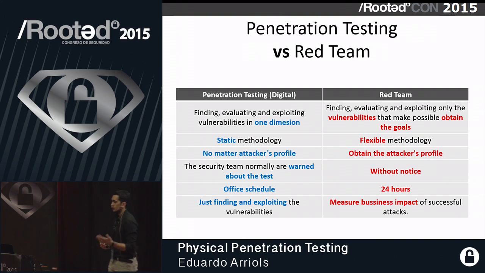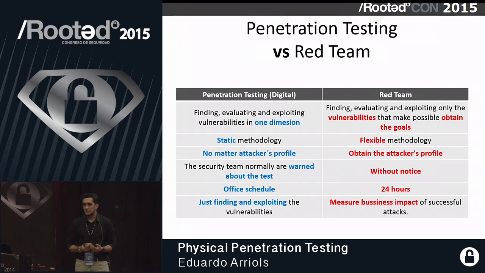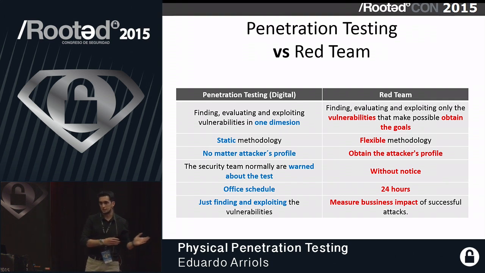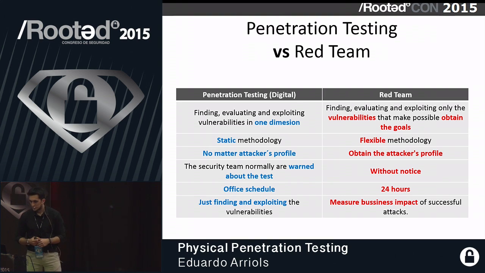Penetration testing tells you about all the vulnerabilities and the paths to follow, but it doesn't tell you about the profile of the attacker. When you do Red Team, at the end you know the attacker's profile, according to the vectors that have been used, technology, knowledge, etc.